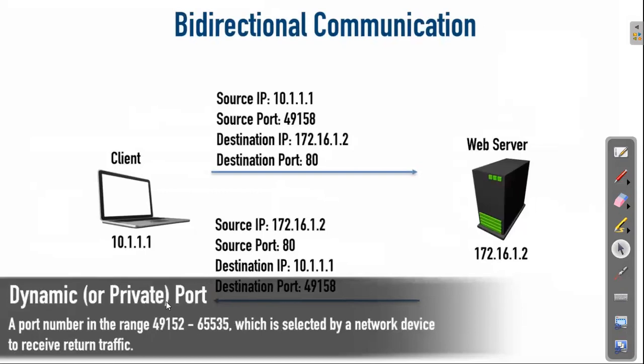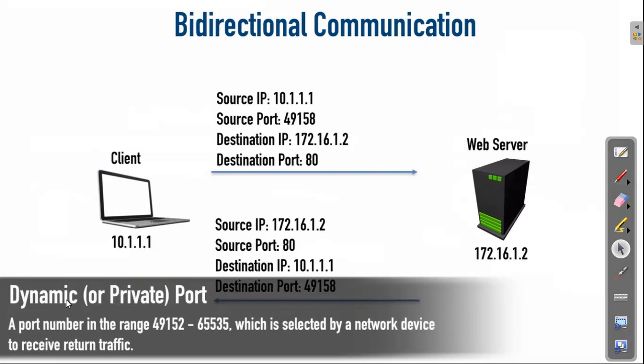The last one is the dynamic or private port. So this one, 49,158, belongs to private ports. You can see it starts from 49,152 and goes to 65,535. 49,152 to 65,535 is selected by a network device to receive return traffic.